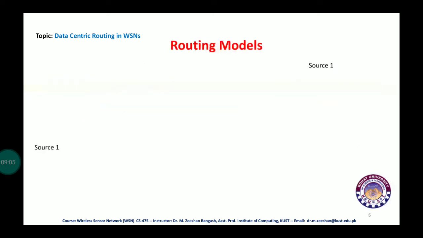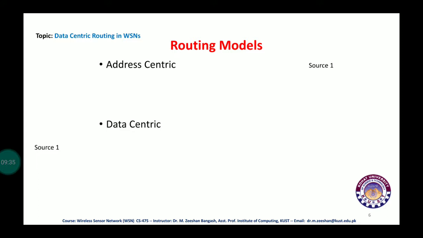So let's talk about some of the routing models for wireless sensor networks. There are two routing models. The first is the address-centric model, and the second is the data-centric model. It's basically the way the communication takes place in a wireless sensor network.